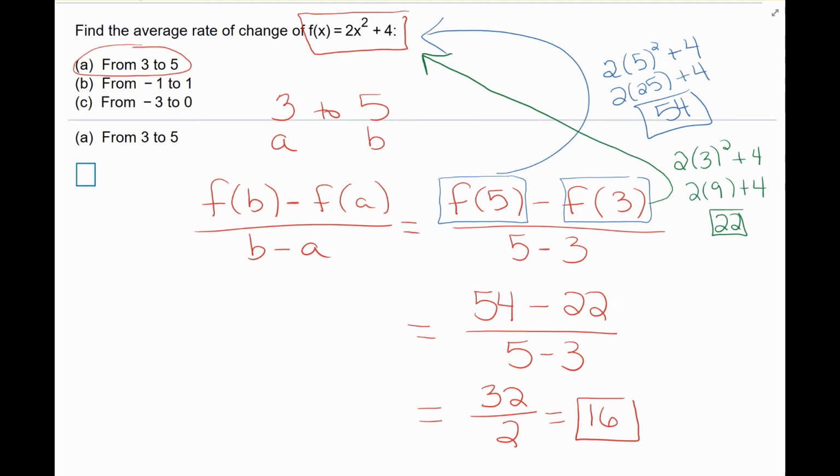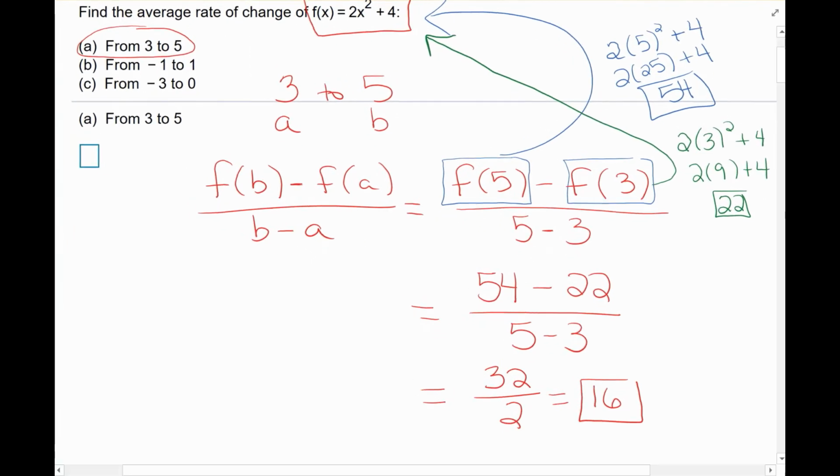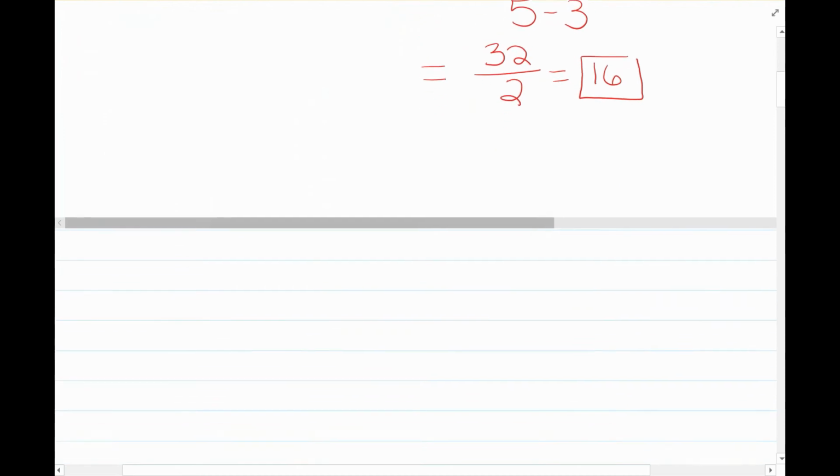Okay, let's do this again with part B. Negative 1 to 1. First, I'm going to write the original problem down just to make sure that we remember what it was, because I know sometimes I forget. 2x squared plus 4.